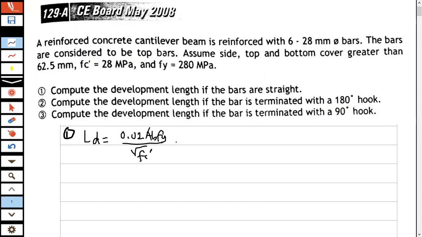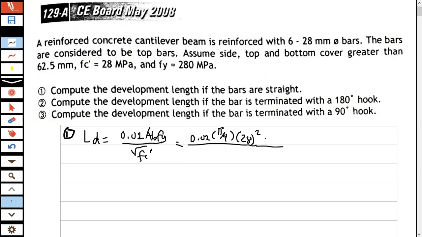Okay, so just by substituting it, you have 0.02 AB, area of the bar is just pi over 4. What's the size? It's 28. Hindi mo naman kailangan yung total na reinforcement, yung isang bar lang, kasi you just have to identify the development length of one bar and it's applicable to all.